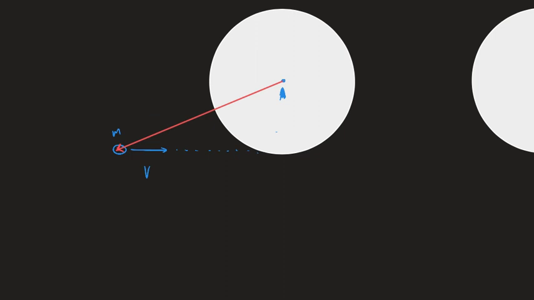We label that vector R. Of course we do. We label everything R. That defines an angle now between R and the velocity. This part's important.